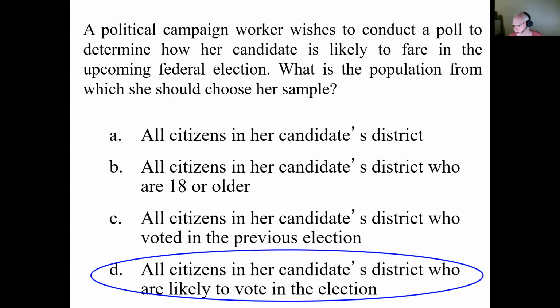So the best answer here is all citizens in her candidate's district who are likely to vote in the election. Now, a reasonable person, A is pretty easy to eliminate.